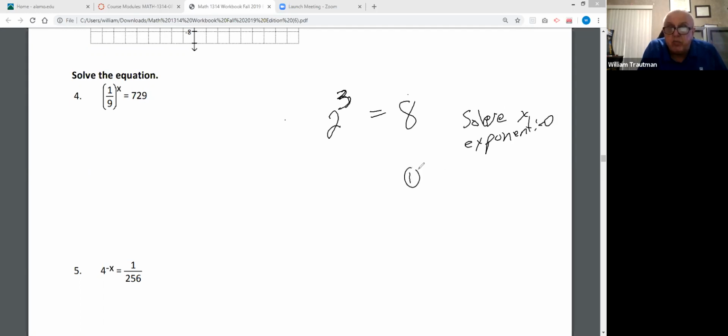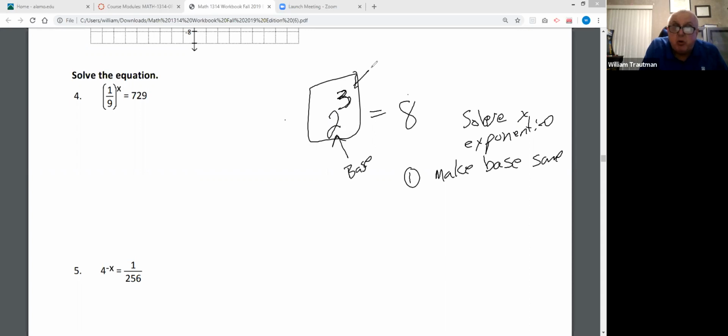Step 1 is make the bases the same. So when I say 2 to the third power, 2 is the base, and 3 is the exponent or the power.